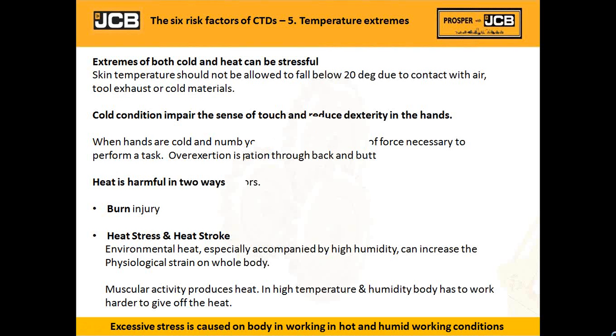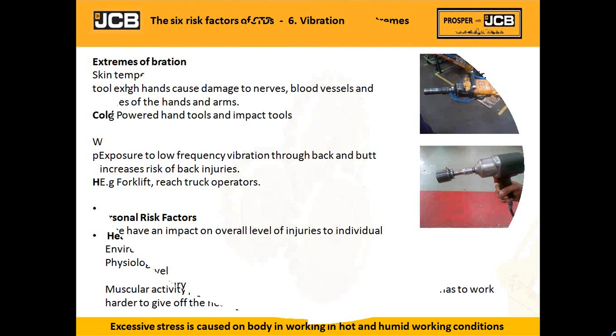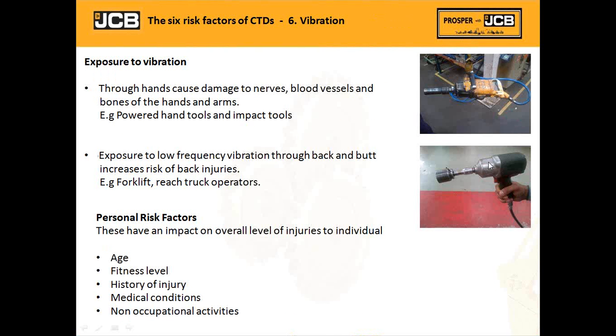Now the sixth factor that we talk about is vibration. The use of hand tools and pneumatic tools is very common in industries, but if these tools are not properly maintained, the hands are exposed to vibration.